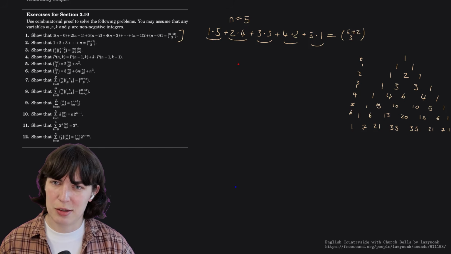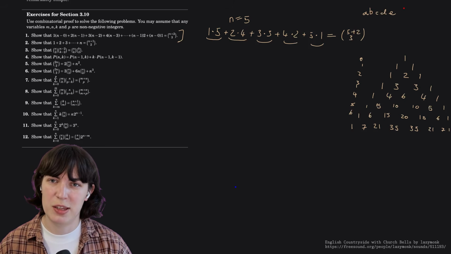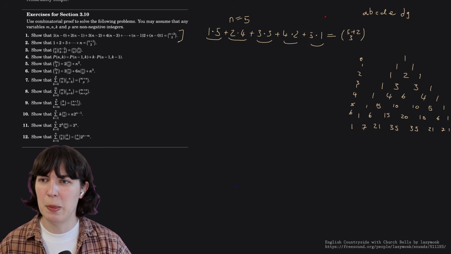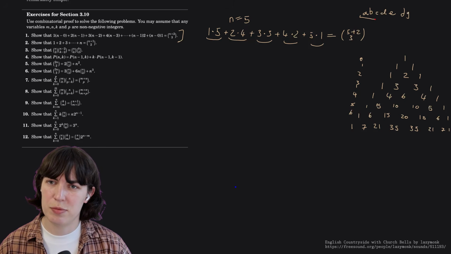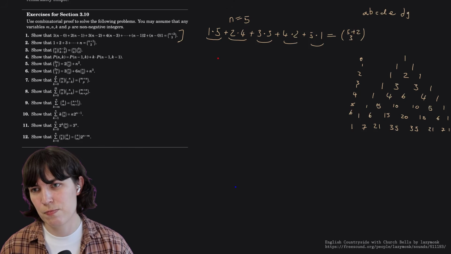So we could pick, let's say if it was A, B, C, D, E, and then F and G also. So we could pick... maybe it's about subsets.